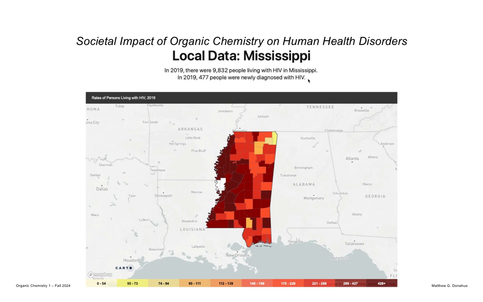This is a slide we share about the rate of infection in Mississippi. You can go on the website, I think it's hiv.org, and you see the entire country. What you see here are these different colors, and down here is the key with the rate. Within the counties, you can see the rate of infection.